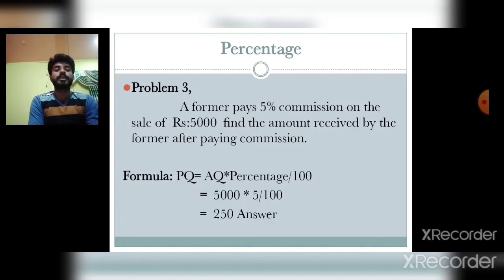The formula is part of quantity is equal to actual quantity multiplied by percentage and divided by 100. The actual amount is 500 and we have to multiply it by the percentage, the 5% commission, and divide by 100. The answer will be 250 rupees. The 250 rupees was paid as 5% commission on 500 of sale. So here we have found the part of quantity, and I have completed my 4 presentation topics.